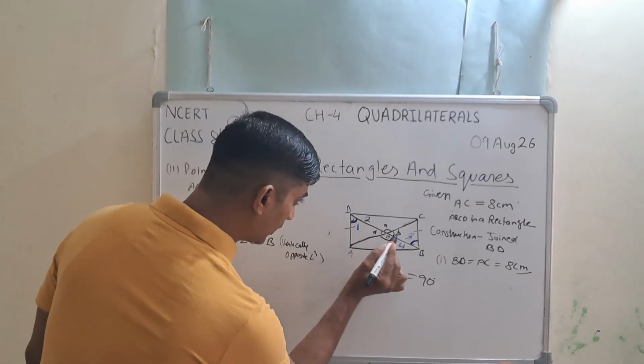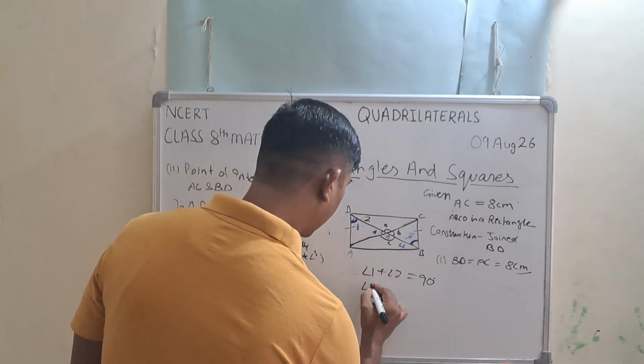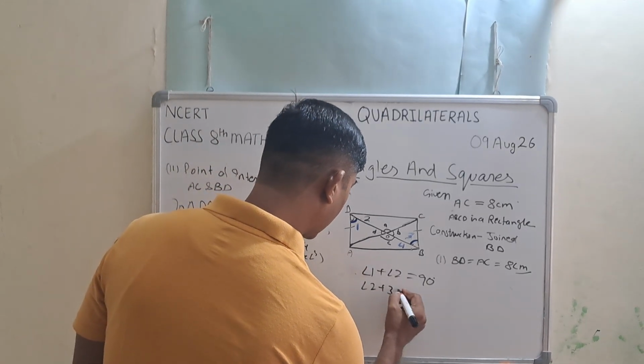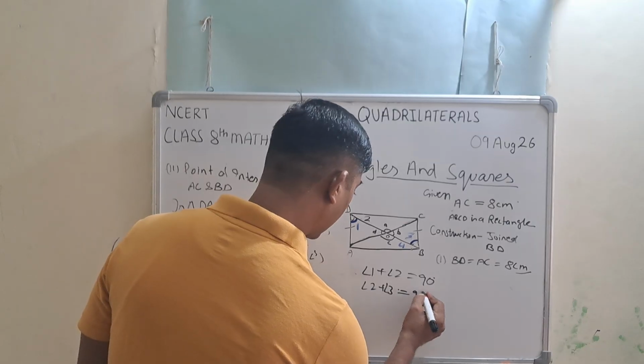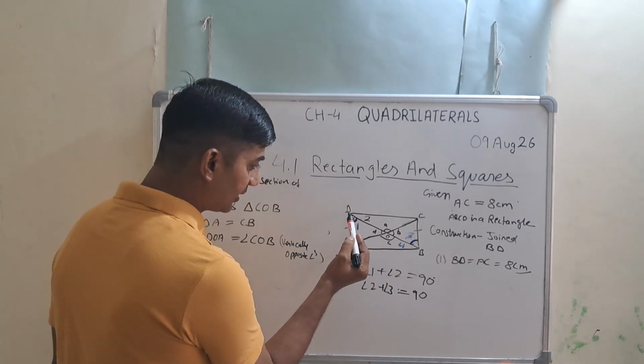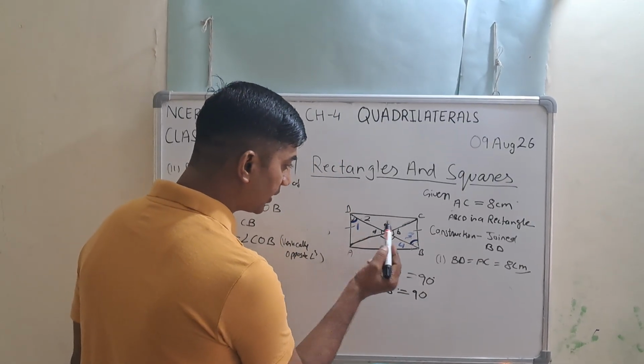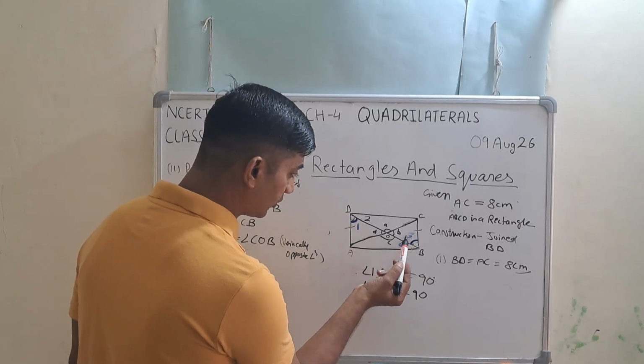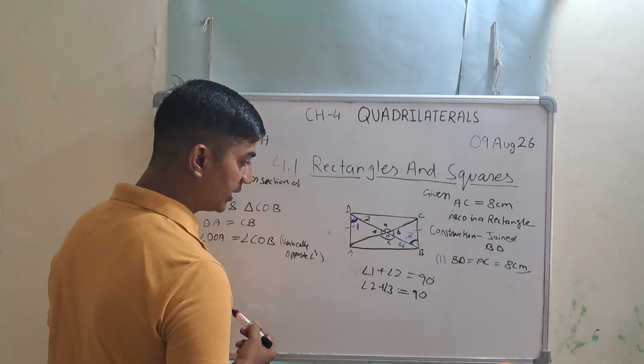Now angle 2 plus angle 3 is also 90 degree. How? Now you see the triangle DCB. This is 90 degree, so the rest of the two angles sum to 90 degree.